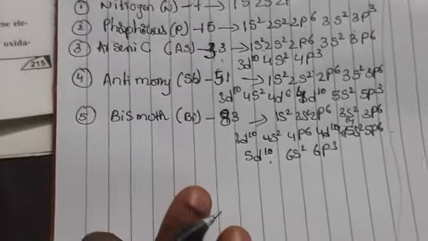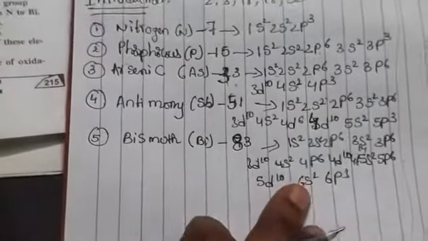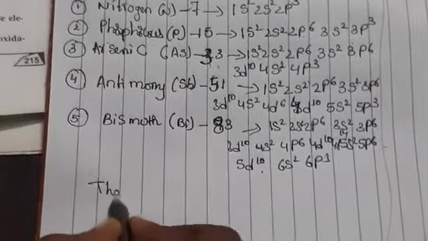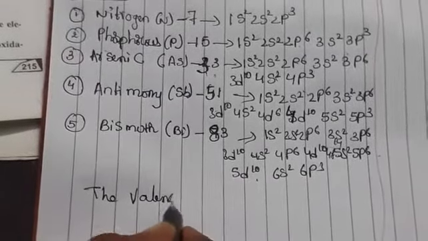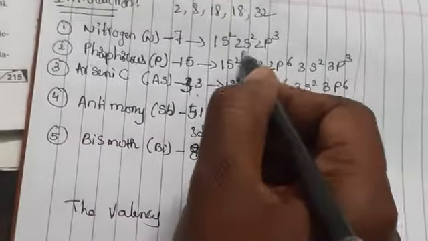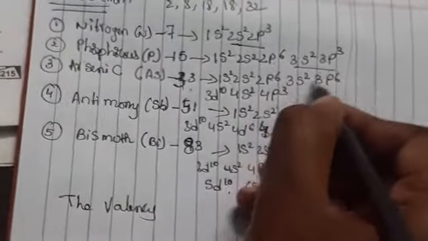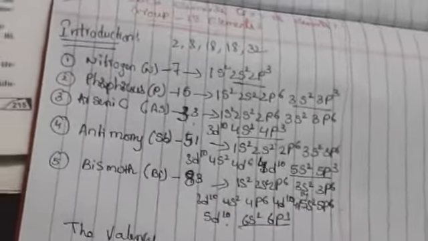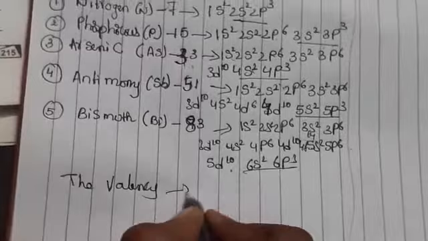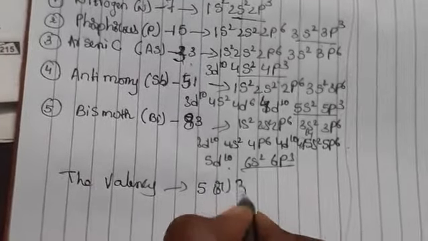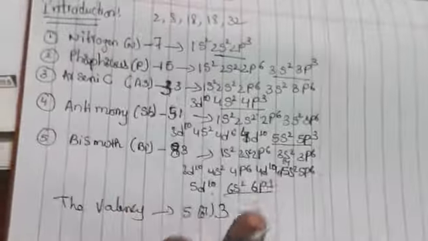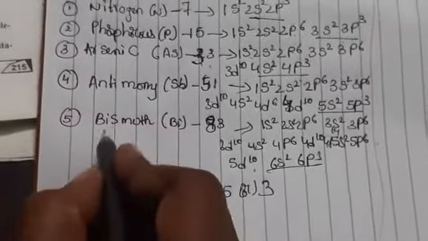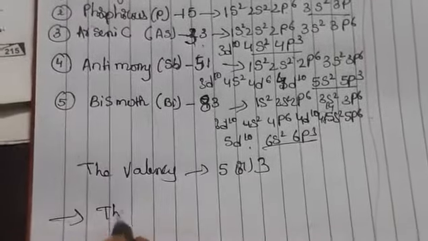These elements we call the nitrogen family. The general valency: if you observe the last orbits, we have 3s2 3p3, 4s2 4p3, 5s2 5p3, 6s2 6p3. So the valency is 5 or 3.